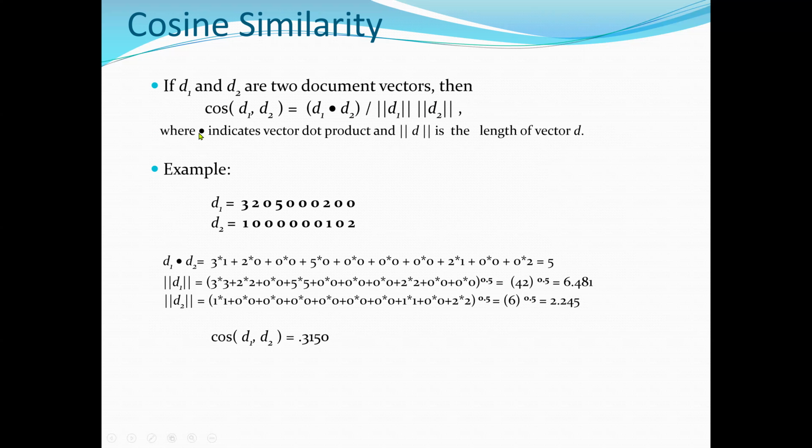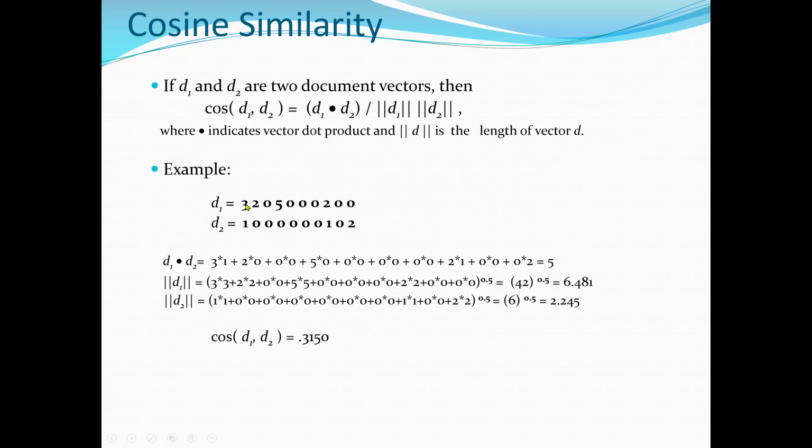The dot indicates the vector dot product, and this is the length of vector D. So we have a value for D1 and D2, and we can find the cosine similarity.